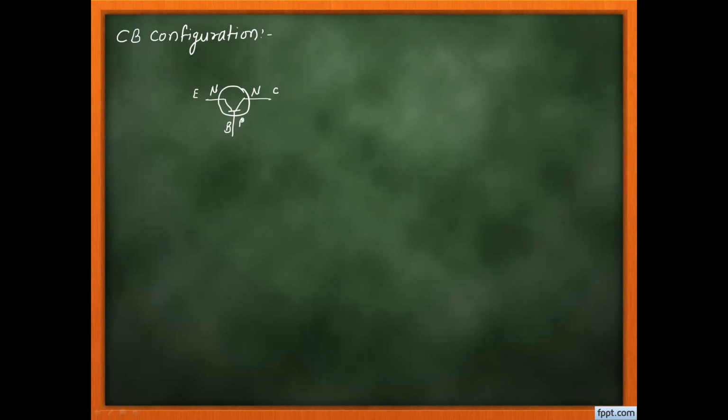Now, as you know, the arrow is always between the emitter and base, and it always points from the P region to the N region. So for the NPN type of transistor, the emitter current is an outgoing current. So definitely the base current, oh sorry, it's an incoming current.